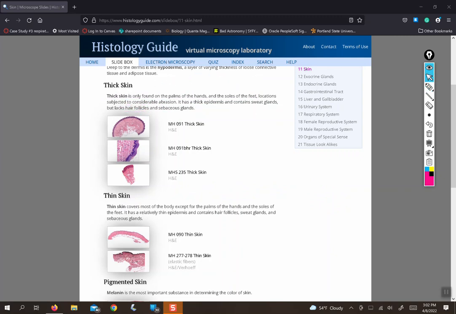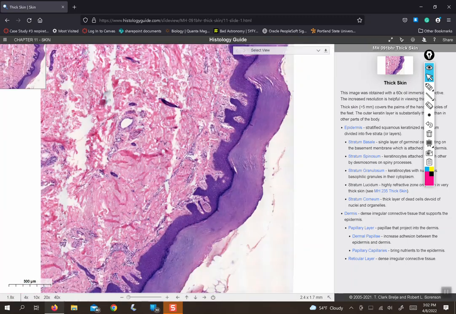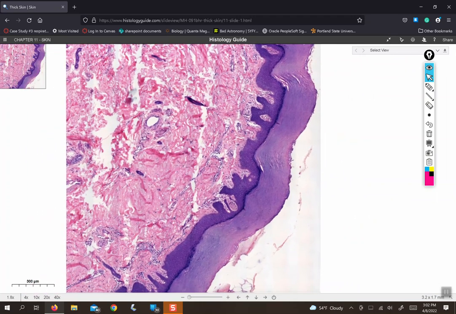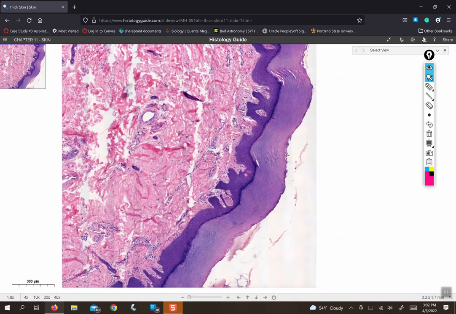So let's see, what do I want to do here? I want to do this one. So one thing that you're going to want to avoid when you are studying histology is the idea of up and down. You would probably expect the superficial layer of the epidermis to be quote unquote up, therefore at the top here somewhere.